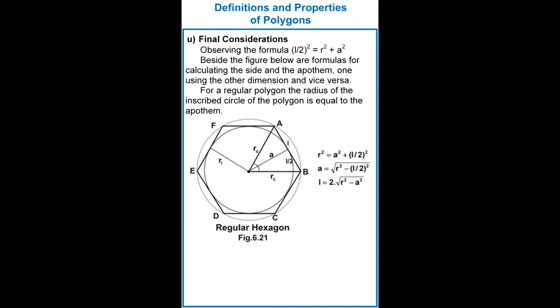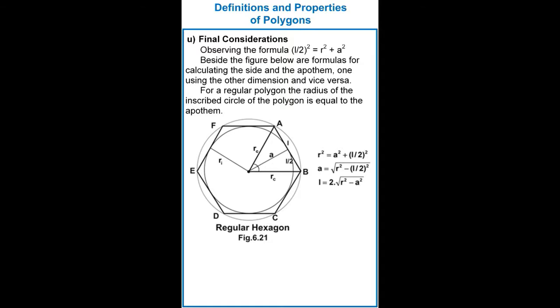This slide presents some final considerations on the subject of regular polygons presented in this chapter 6. Based on the triangle of the side of a regular hexagon and the two rectangular triangles generated by half of the side, the radius and the apothem, the theorem of Pythagoras is applied.